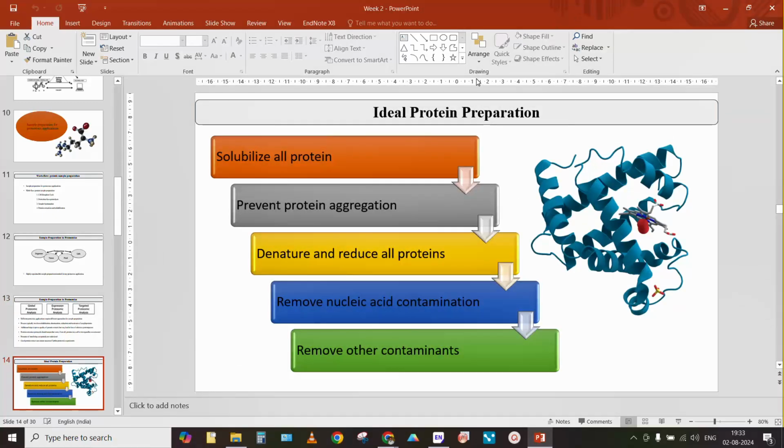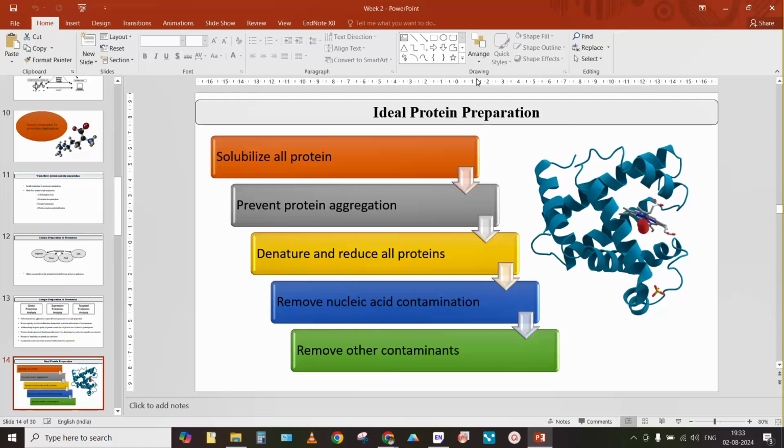Ideal protein preparation involves solubilizing all the proteins present in a given mixture, preventing protein aggregation, and denaturing and reducing all the proteins which are present. It also involves removal of nucleic acids and other contaminants, as well as removing salts and other small interfering components. Depending upon the sample type, you may have to think about what different interfering components could be present in that sample.